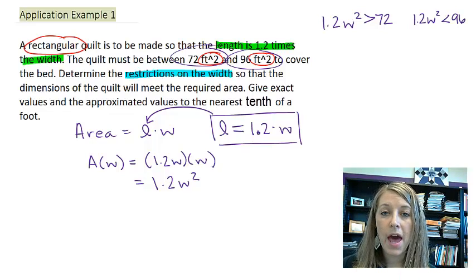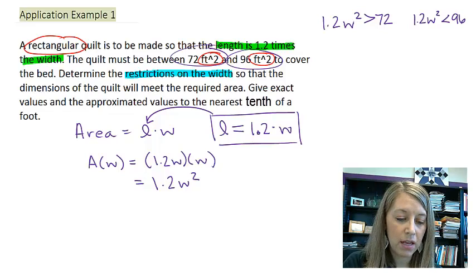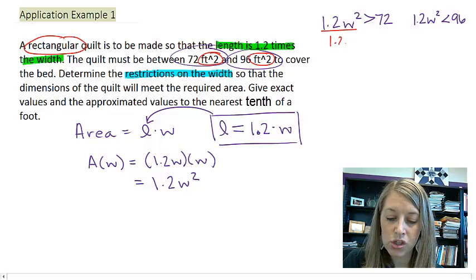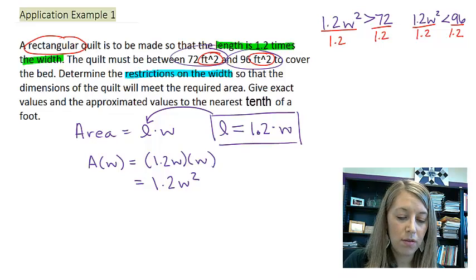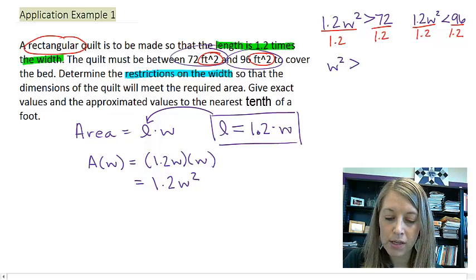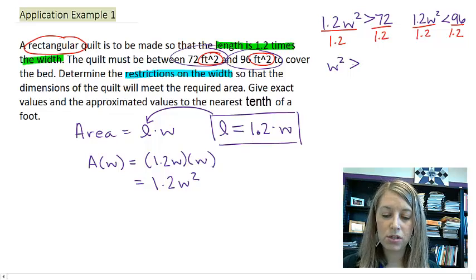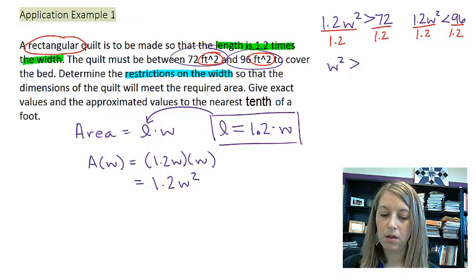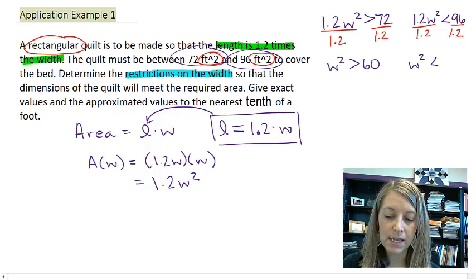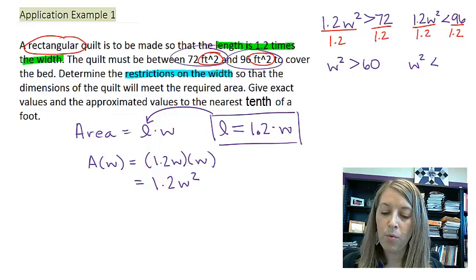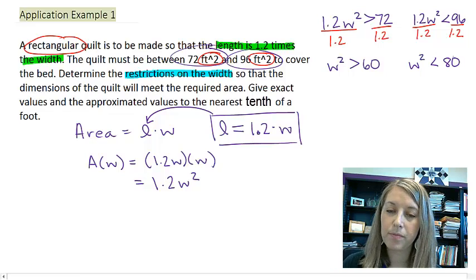Okay, so now I have polynomial inequalities, and it's going to be easy to simplify. On both of these, I can just divide by 1.2. And so my first one gives me W squared is greater than 72 divided by 1.2, which is 60. And then over here, W squared is less than 96 divided by 1.2, which is 80.